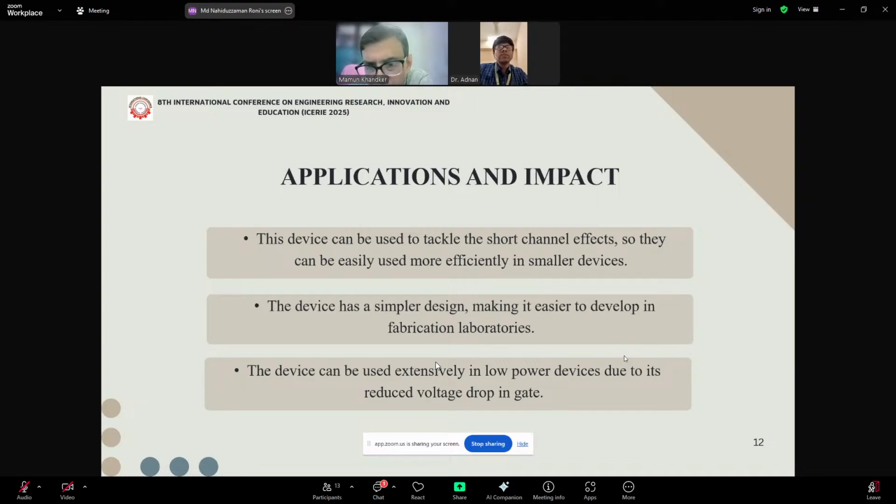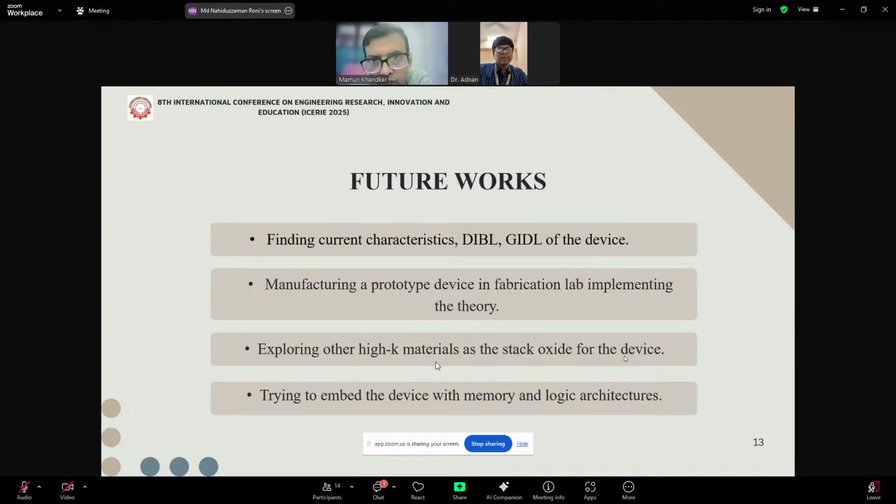So from the discussion, we can say that this device can be used to tackle short channel effect and produce a relatively low power device, as there is less voltage drop across the oxide layer for stack oxide.